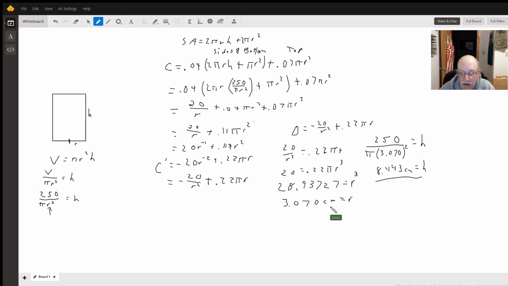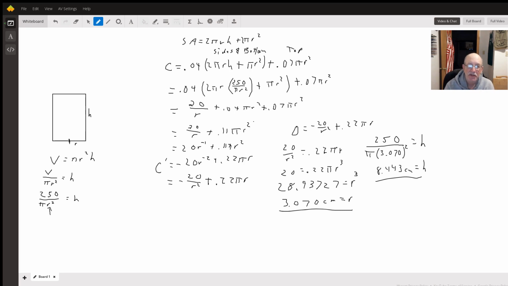So there you go. We had to use the information they gave us for the volume to be able to write h in terms of r. Then we did the surface area. Then we did the cost function based on that.